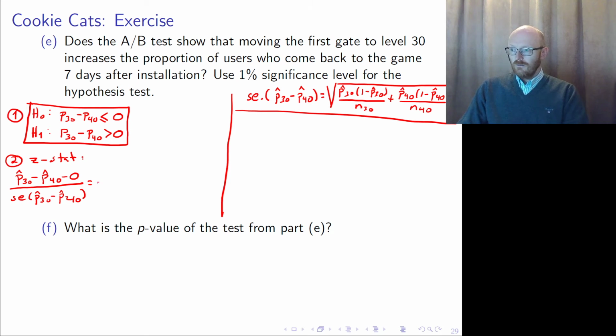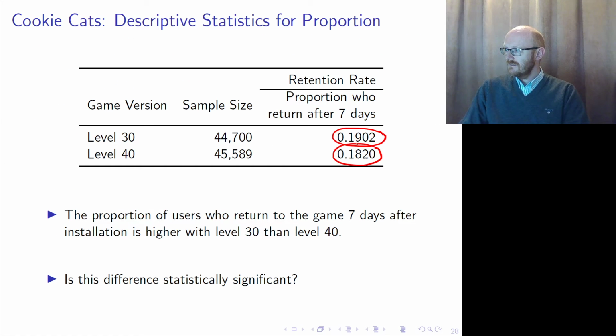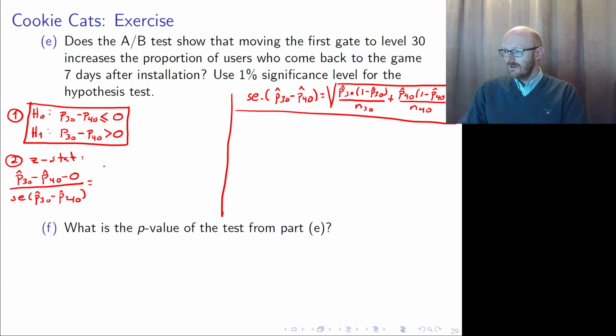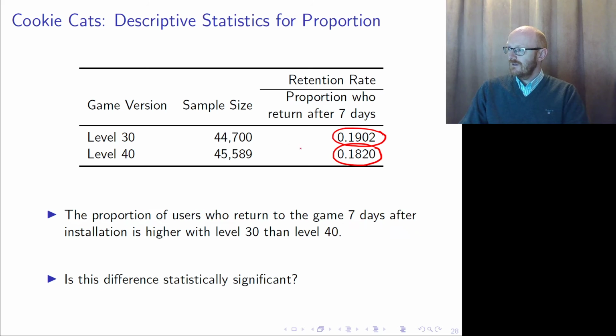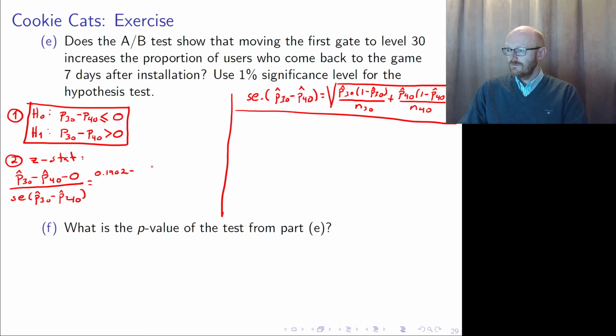So if we plug in, P30 hat is 0.1902, minus P40 hat, which is 0.1820.